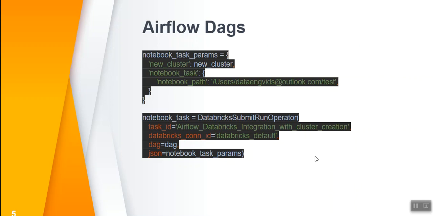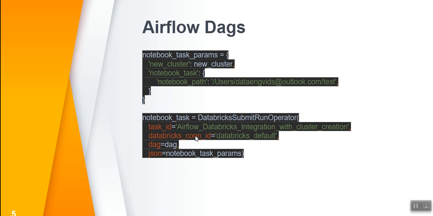One is the cluster configuration that needs to be created as a job cluster. Second is the notebook, which is the notebook you are going to invoke from Databricks. This is a notebook I have kept in my Databricks workspace.